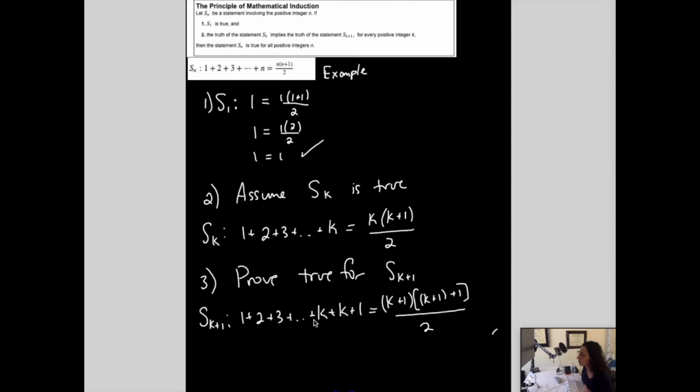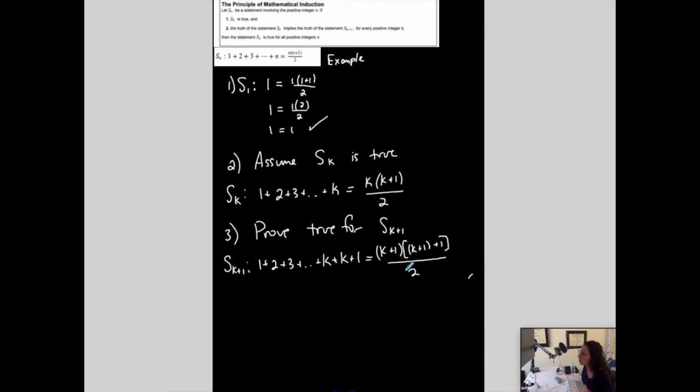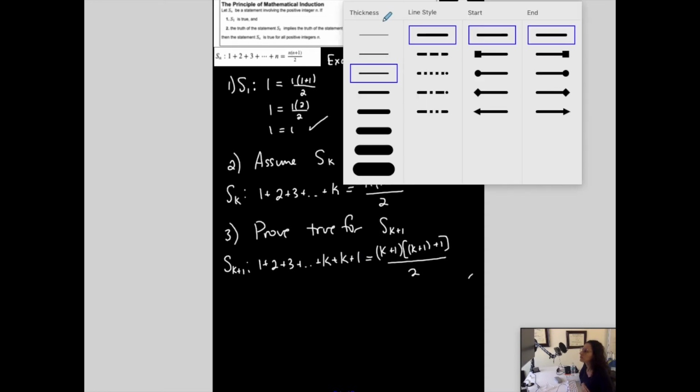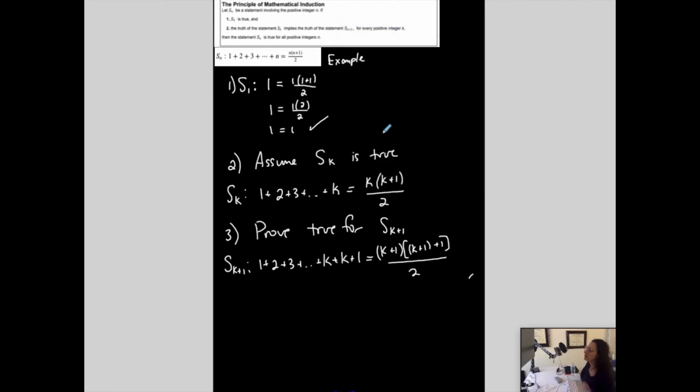So what we are going to do here, here's the trick. We said that the sum of the first k terms is equal to this statement here. Well, I have a sum of the first k terms, and I'm saying that this is equal to this, right?